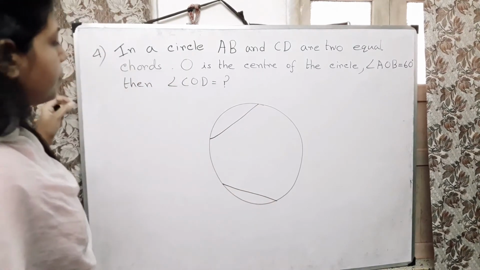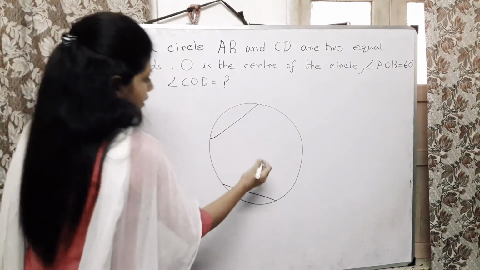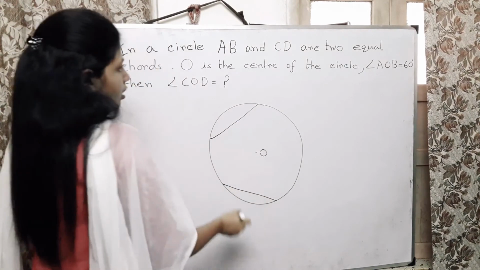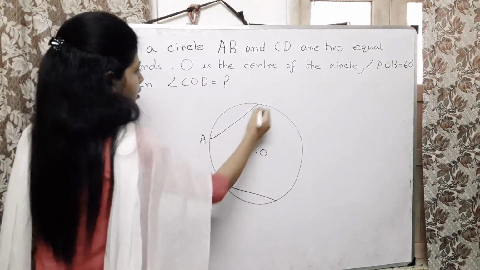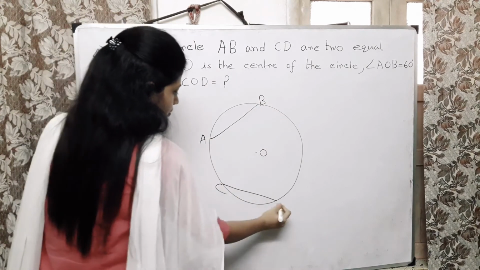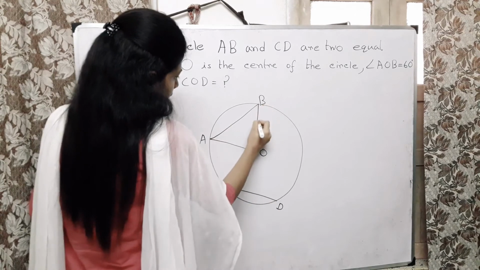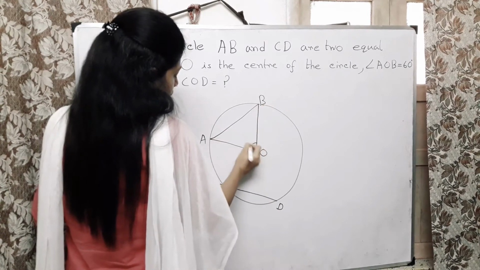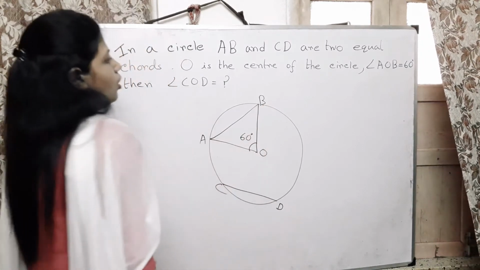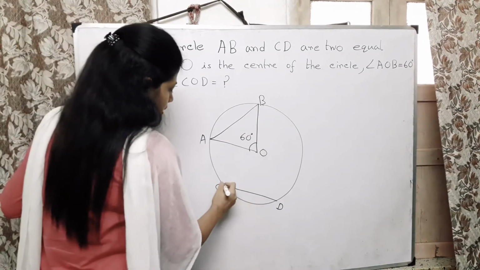Suppose they are equal. O is the center of the circle. So angle AOB equals 60 degree. We have to find angle COD.